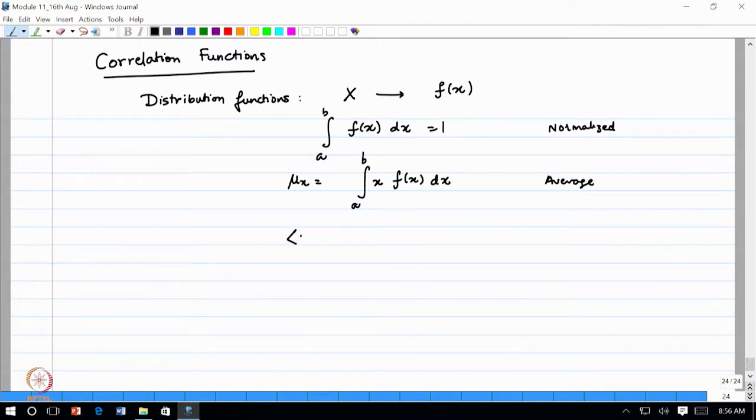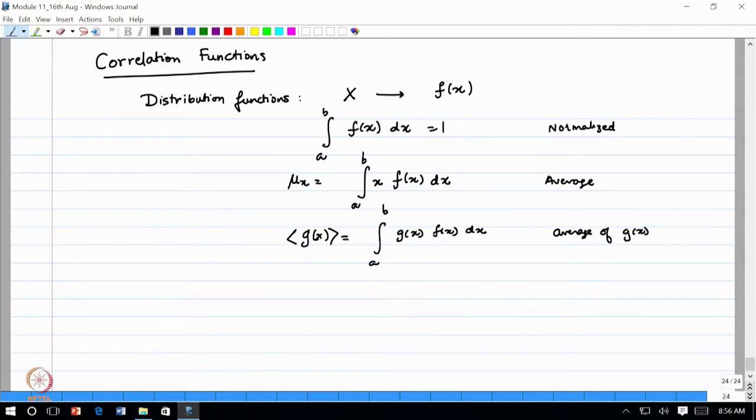So, I can take average of x raised to n or average of any function of x g of x as integral a to b g of x f of x dx. So, this is average of g of x.